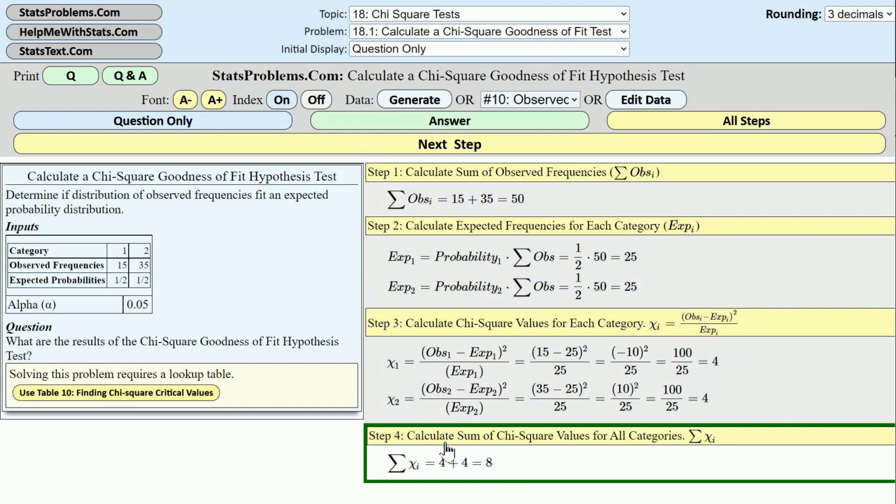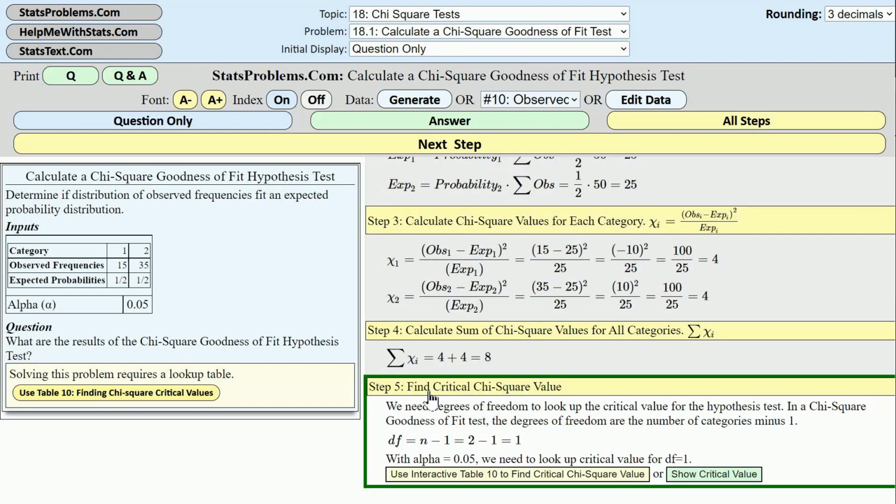In Step 4, we calculate the sum of chi-square values for all categories. The sum equals the chi-square value for the first category, 4, plus the chi-square value for the second category, 4, which works out to 8.